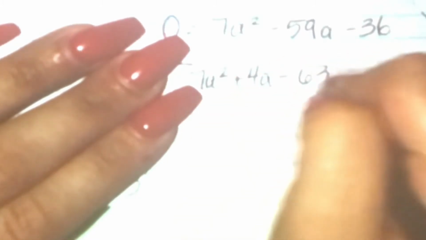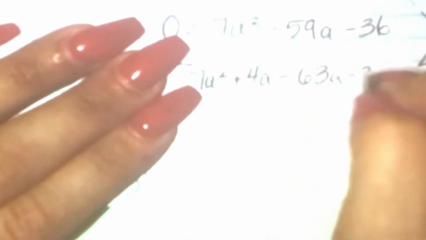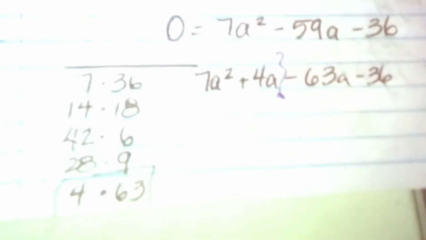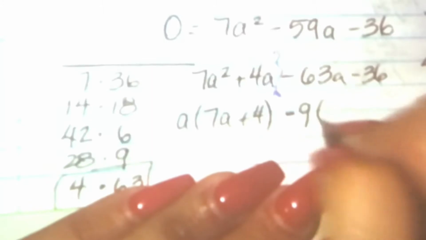So 7a squared plus 4a minus 63a minus 36. Lightning bolt. Take out an a, and you're left with 7a plus 4. Take out a negative 9, and you're left with 7a plus 4.